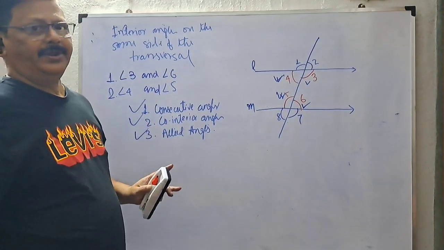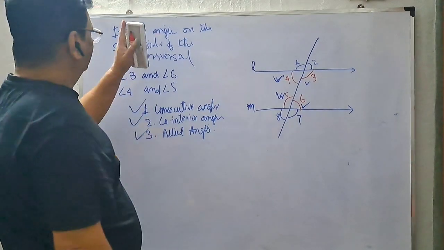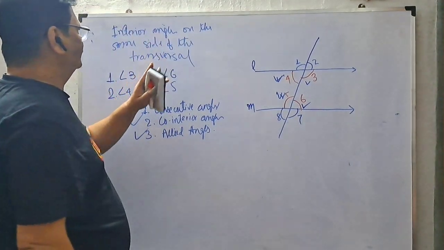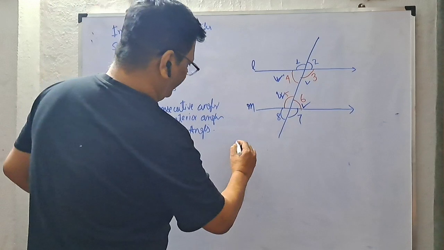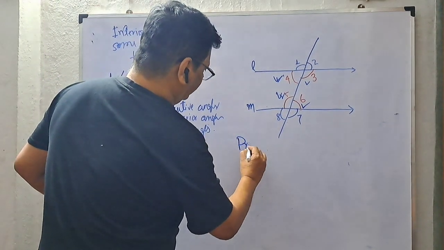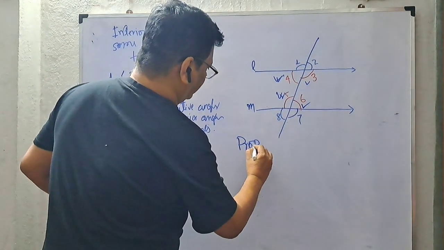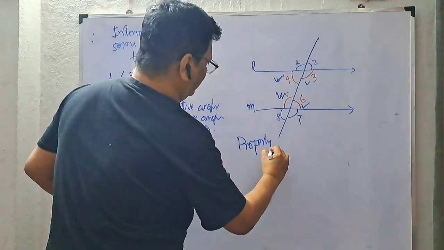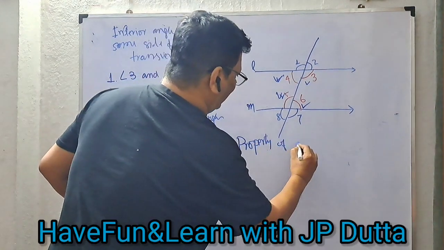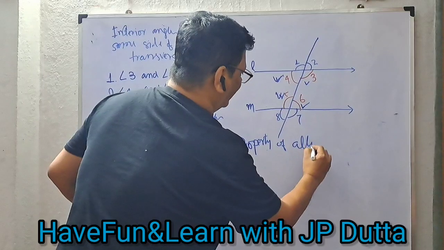Now to the properties of interior angles on the same side of the transversal. What are the properties? Property of allied angles, I call them allied angles.